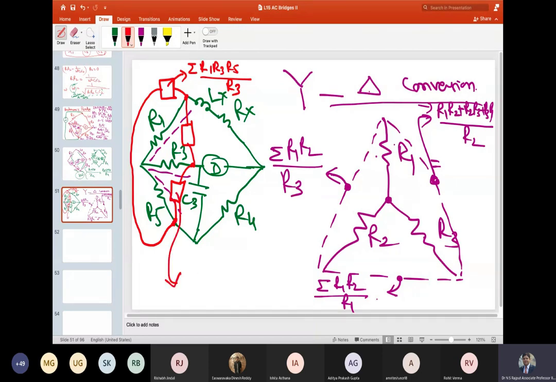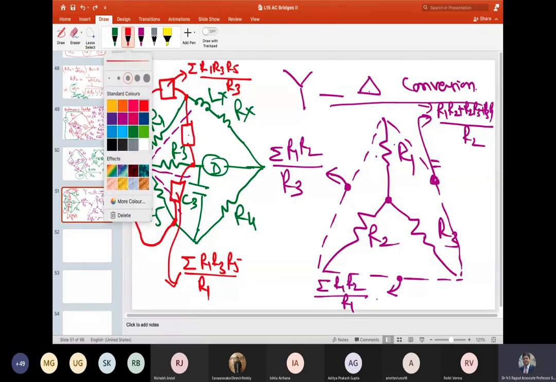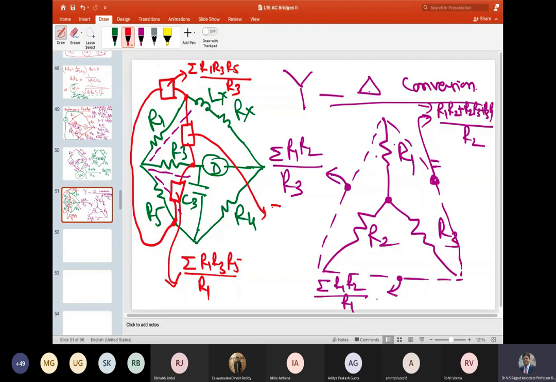Similarly for this one, you can write the value. This value will be the upper sigma of R1, R3, R5, taking two at a time, divided by, now R1 is left, so R1. And similarly for this one, you will get the value sigma R1R3R5, taking two at a time, and R1, R3 are involved, R5 is opposite, so this will be divided by R5, right?